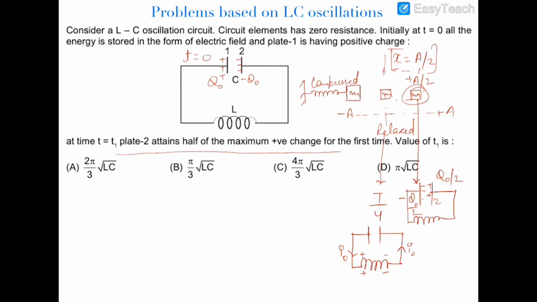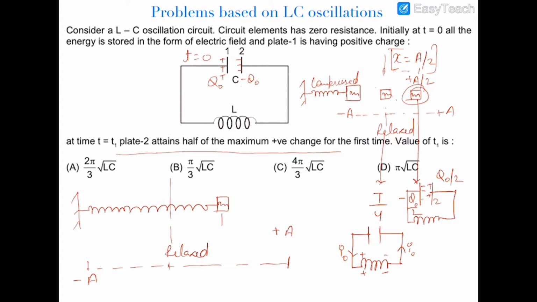I am again drawing the diagram with more clarity. This is the mass, this is the relaxed position, this is plus A, and this is minus A. We need to find the time when it will reach the point A by 2, starting from this point.